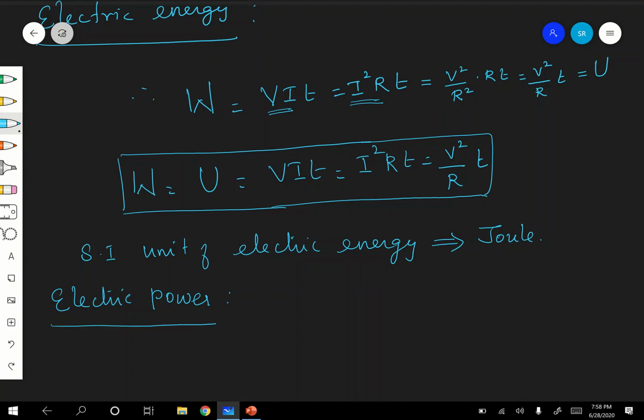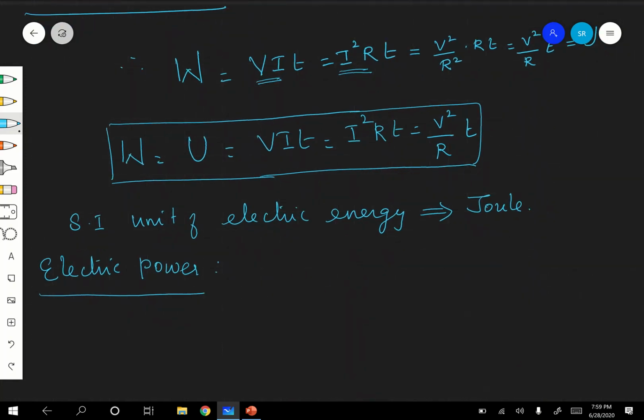Electric power is nothing but the rate at which the work is done or energy supplied. The rate of work done or energy supplied by the source in maintaining the current in the circuit is called the electric power of the circuit. Are you following? Now I am defining electric power of the circuit.